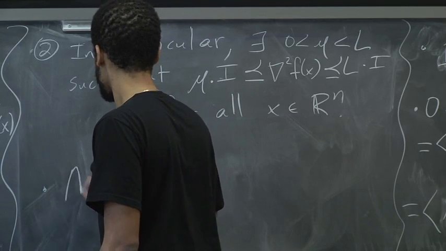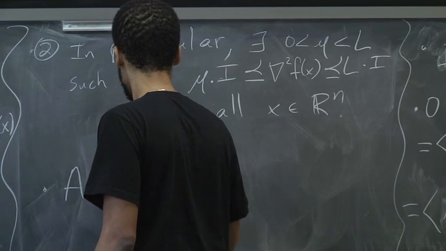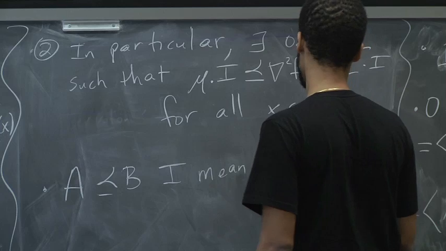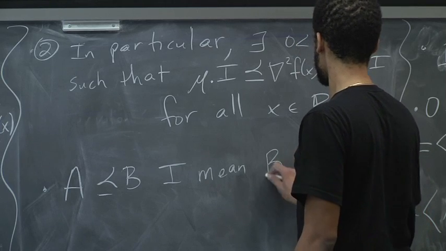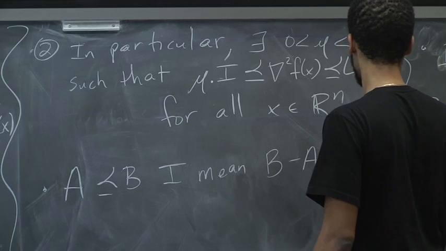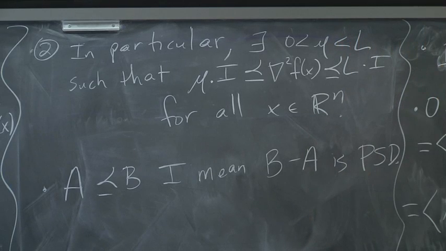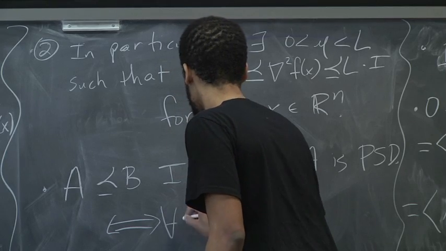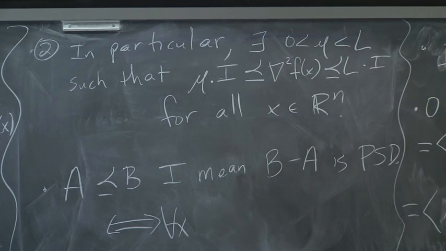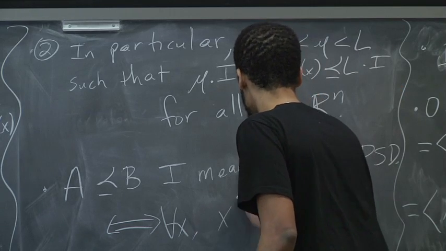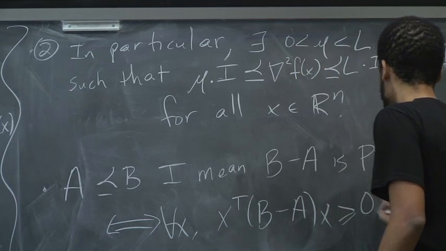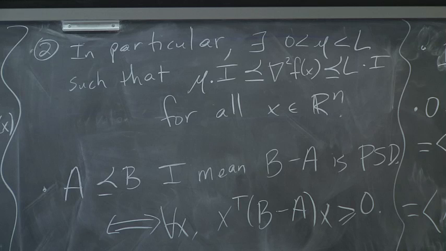When I say that A is at most B, I mean that B minus A is positive semi-definite. If you're not comfortable with that, it's the same as saying for all x, x transpose (B minus A) x is at least 0.